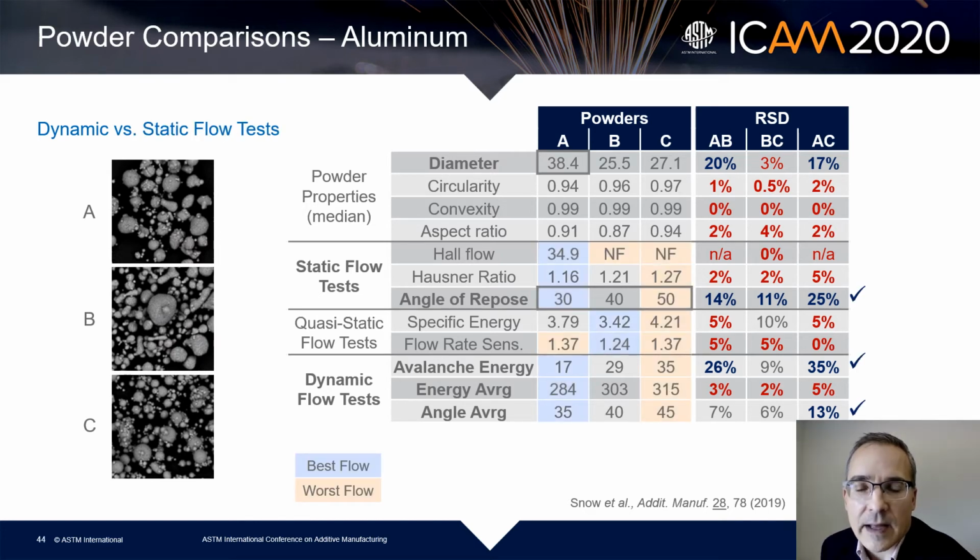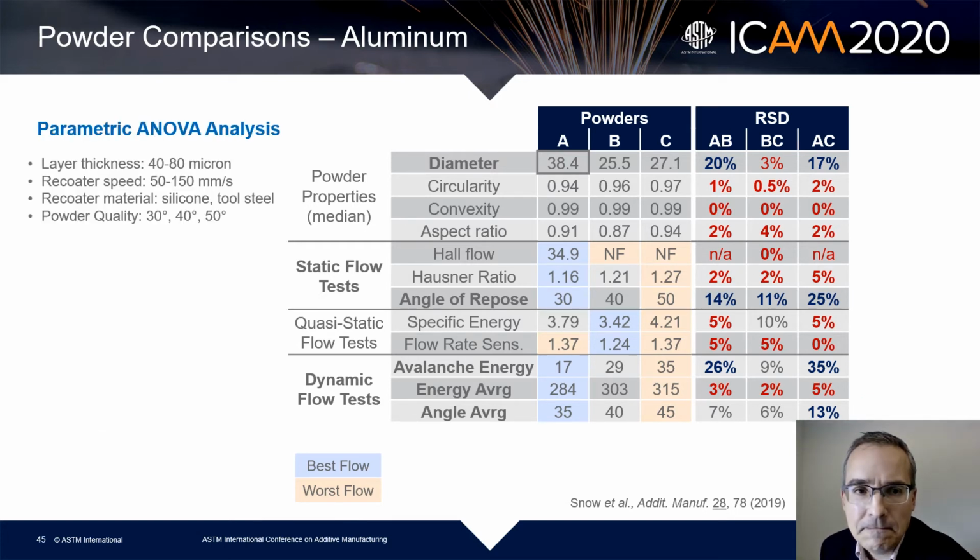And so based on that, all the methods were able to identify the worst flowing powder, whereas the static flow and dynamic flow did both identify A as being a better flowing powder, you can see some differences there in the resolution of how well they could distinguish those.